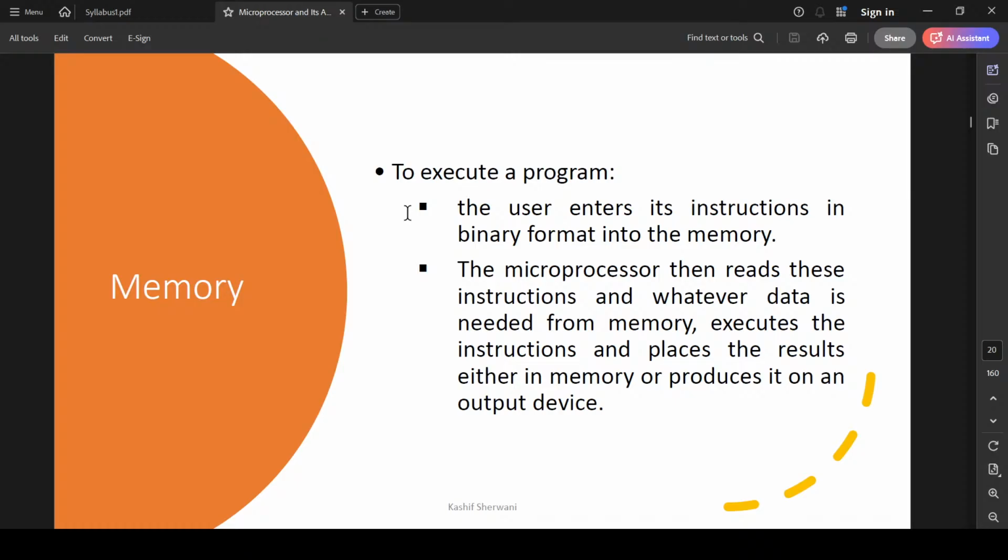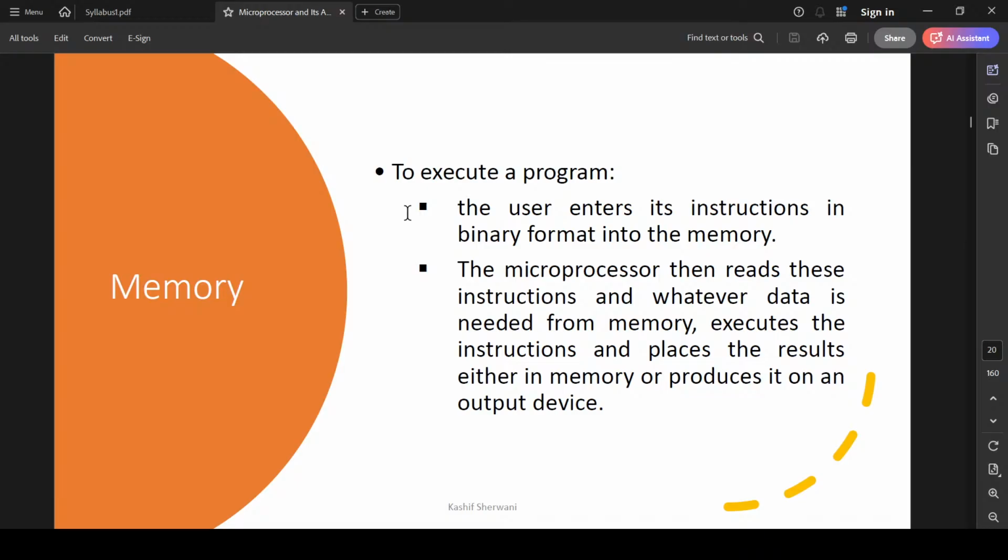Next, memory. To execute a program, the user enters the instructions in binary format in the memory.